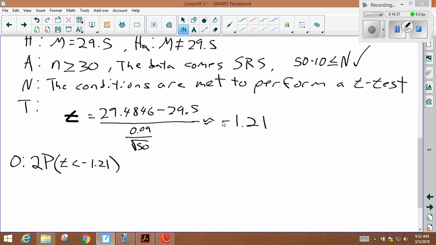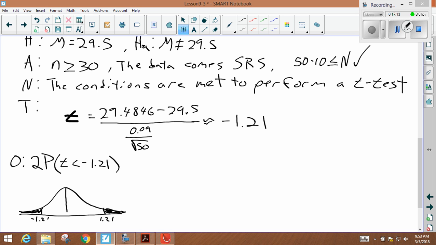Why are we looking at 2 times that? Because what does our picture look like? We got 2 tails. So it looks a little something like that. So then I can just find the area to the left of negative 1.21 of my t-distribution and then multiply it times 2, right? Okay.